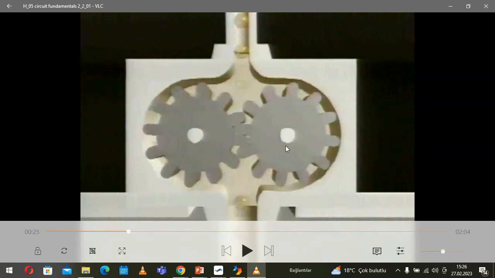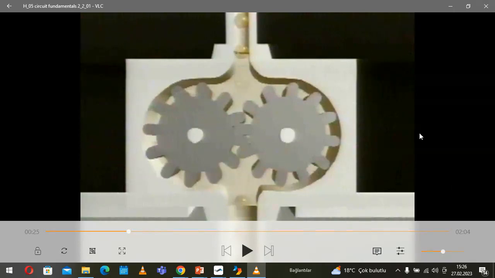So the geared hydraulic motor's function is also the same. Here we drive one of these gears with an electric motor in the case of a pump. In the case of a hydraulic motor, we apply the pressurized oil from here, and it rotates.